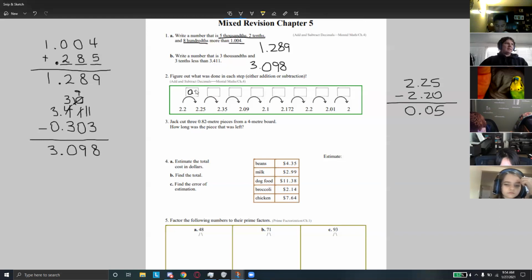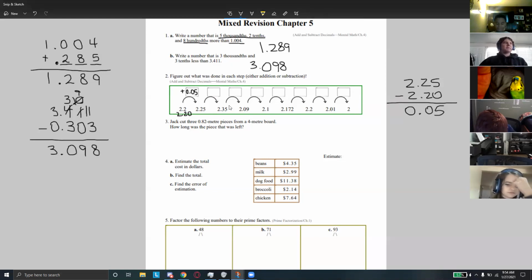So that's probably going to be the easiest way to do it. 0.05. Okay. And so in this case, we are adding from 2 and 2 tenths, or 2 and 20 hundredths. 2 and 2 tenths is the same as 2 and 20 hundredths.